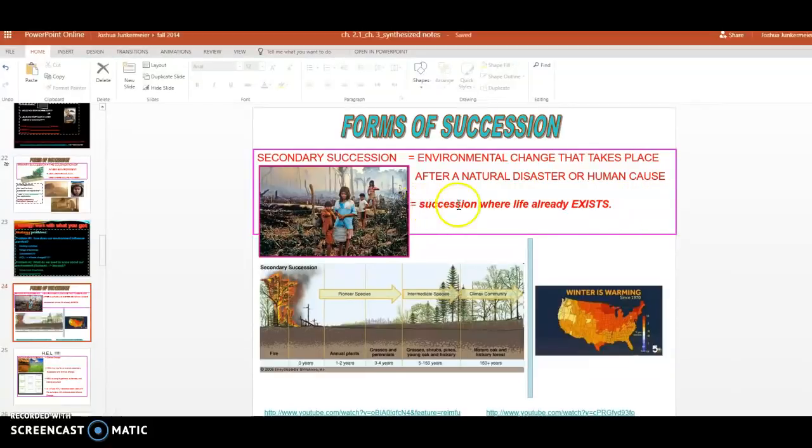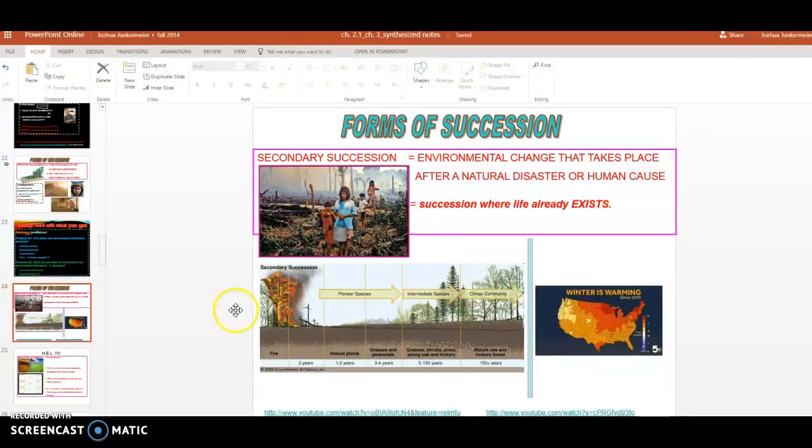In other words, it's succession or a change to the environment where life already existed. Most succession is secondary. It's when the environment changes. So succession generally is secondary succession because most places have living things, and where they live, the environment changes.